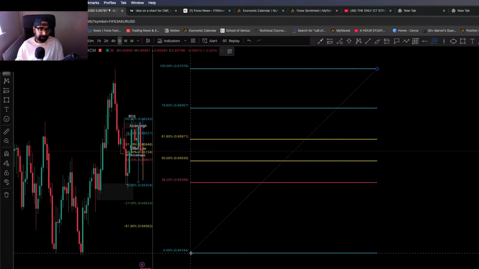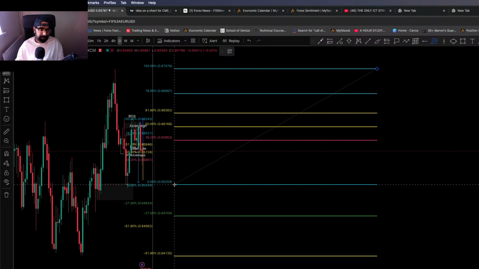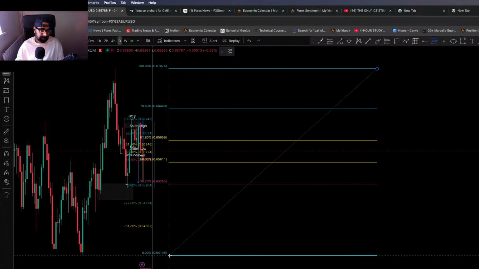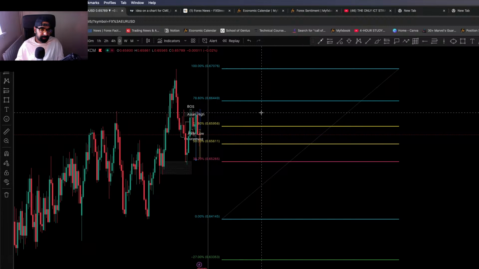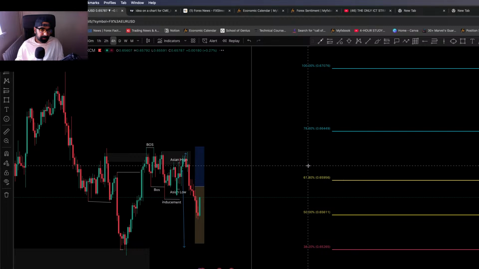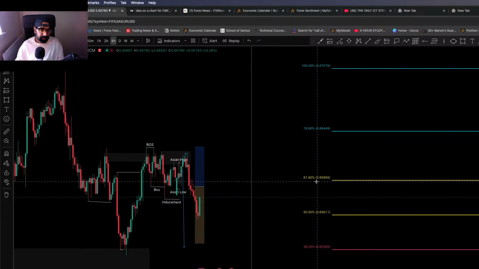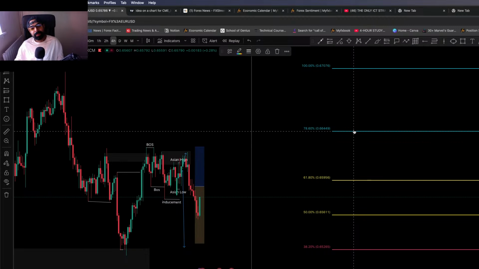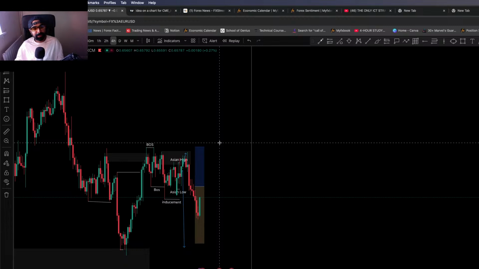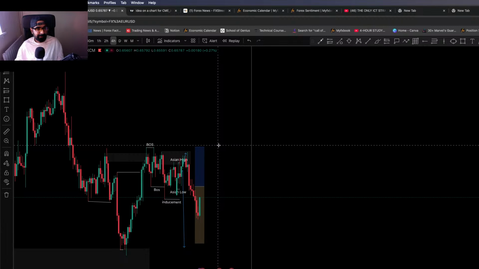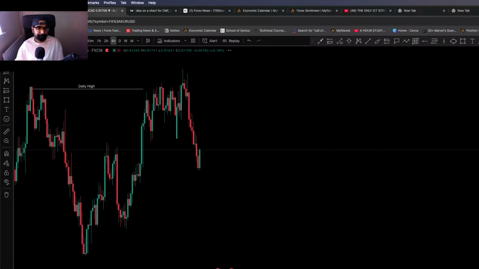Okay, 71.6. 50. Take that one off. No, it's still not matching. So this one, it was mostly from the order block I was taking, but the fibs were missing it.